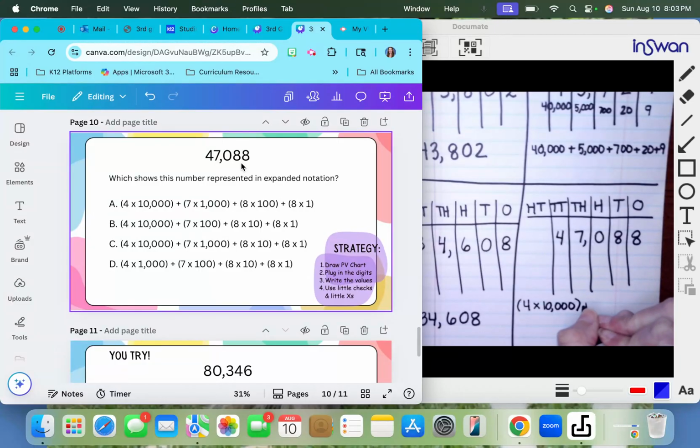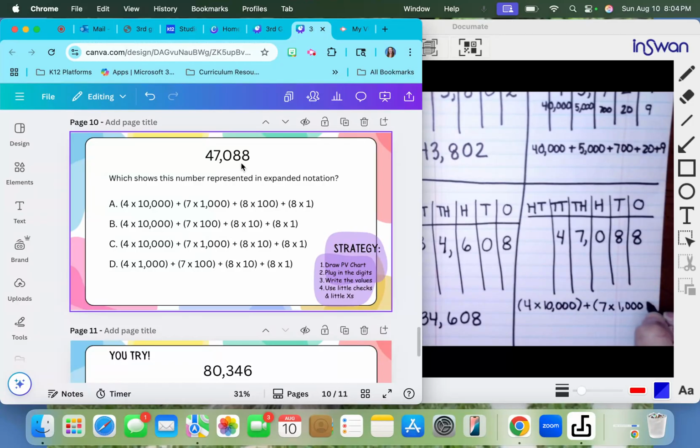I'm going to write a plus sign and let's get ready to do the next value. We've got a 7, so parentheses, then 7 and my times. What place are we in? Thousands place. So I'm going to write 1,000 and close up my group.